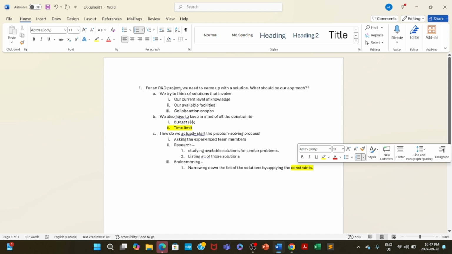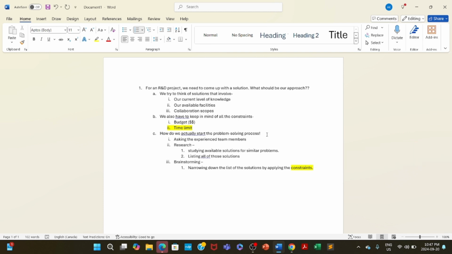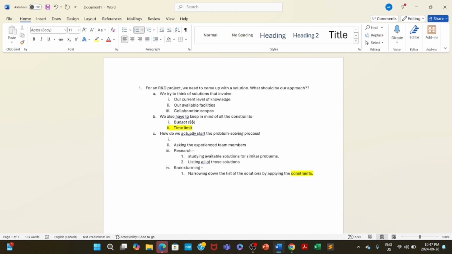But I have actually missed one step. We actually don't directly jump into the research. Before jumping into the research, we obviously have to understand what the problem itself is, right?